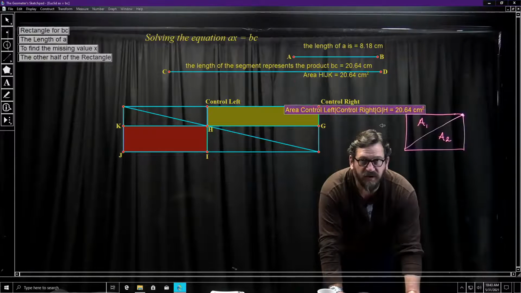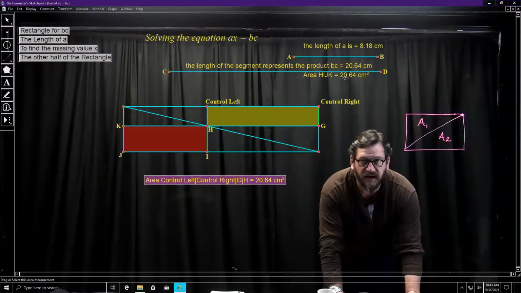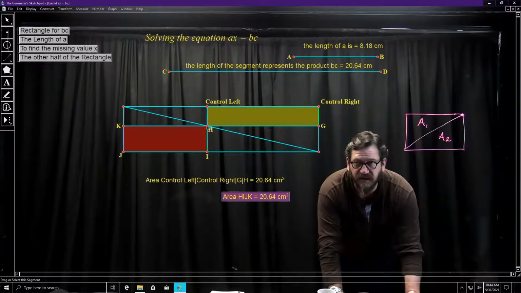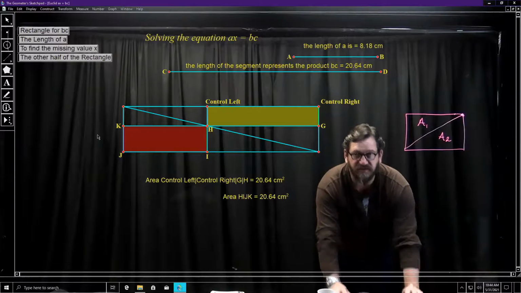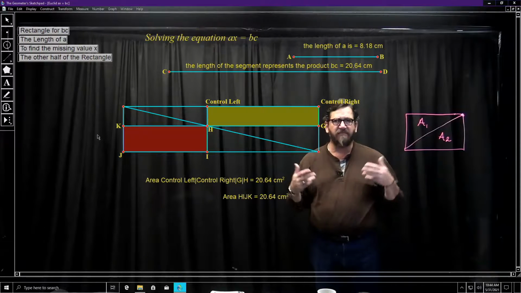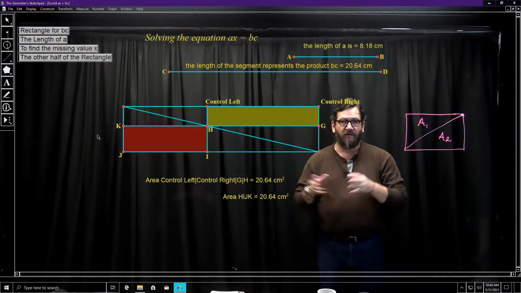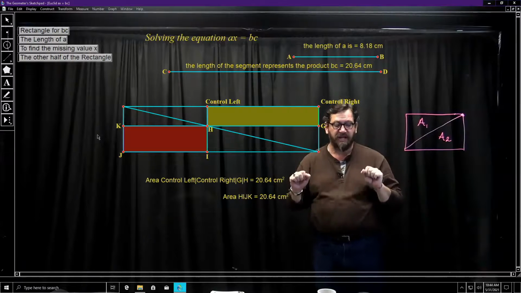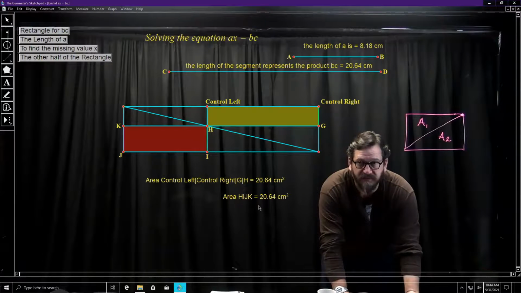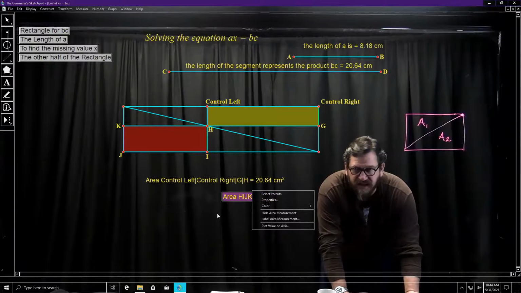I have one area here. I have another area here. And what we see is these two areas are exactly the same. And they remain the same no matter what the construction is, because I couldn't have made these numbers up on the fly. So now I'm going to get rid of these. I don't need them.